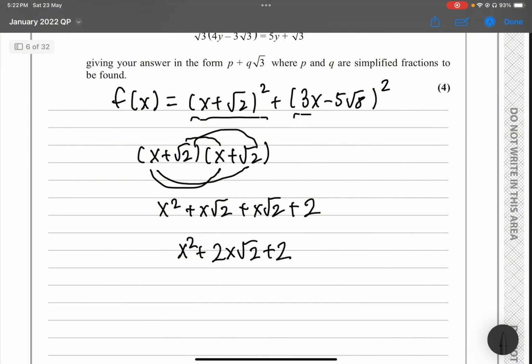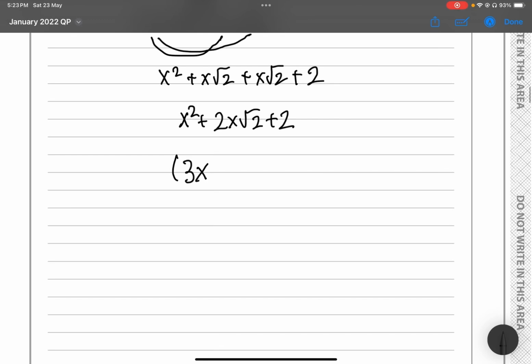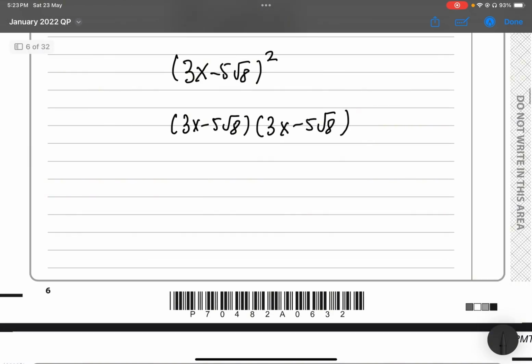Now we need to expand this over here, (3x minus 5 root 8) whole squared. So let's do that now. So we have 3x minus 5 root 8 multiplied by 3x minus 5 root 8. The same process: 3x times 3x is 9x squared.